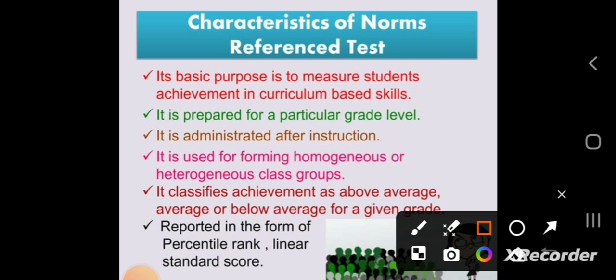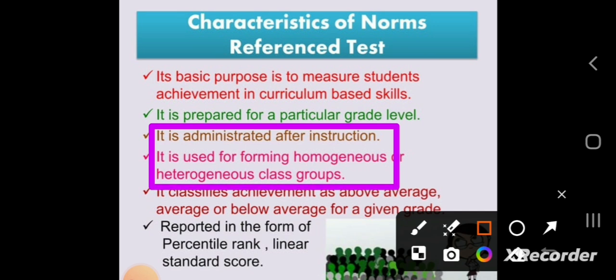Post-instruction administration. These tests are typically given after a period of instruction to assess what students have learned relative to the norm group. Class group formation. The results of norm-referenced tests can be used to form homogeneous, similar ability, or heterogeneous, mixed ability, class groups based on student performance.